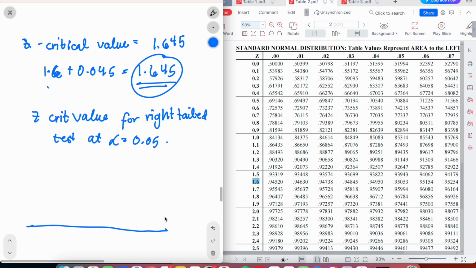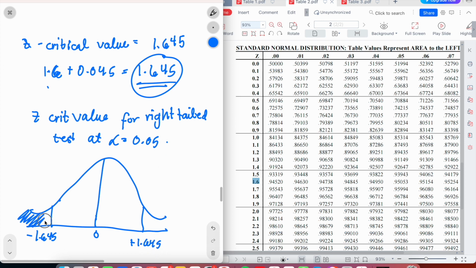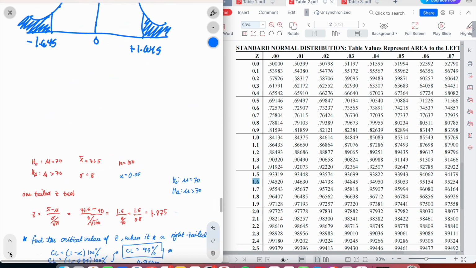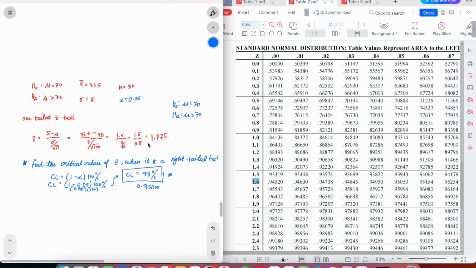Therefore, let's say this is 0, and this is negative 1.645, and this is positive 1.645. You reject the null hypothesis if your z value falls beyond this region here. So if we check, our z was 1.875, correct?